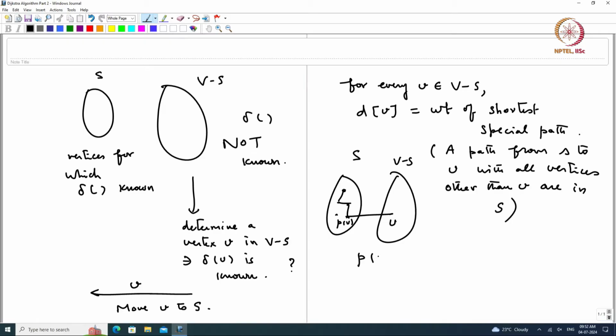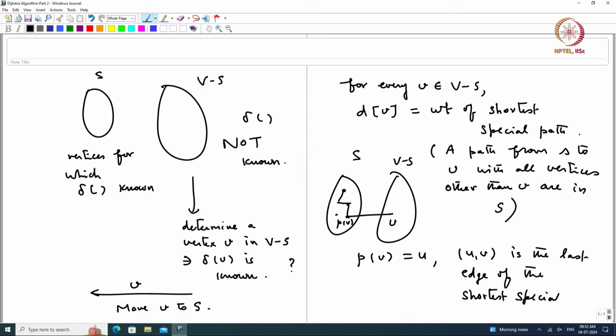So, P V equal to U, where U V is the last edge of the shortest special path. So, these two pieces of information we maintain.